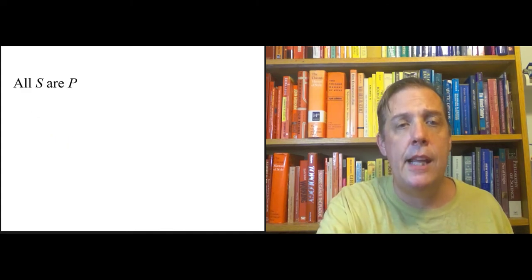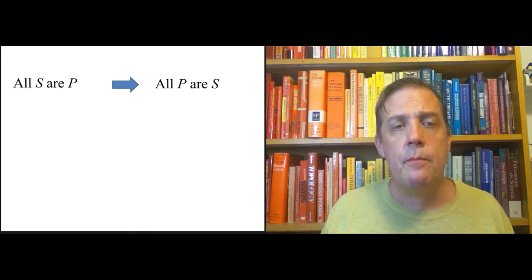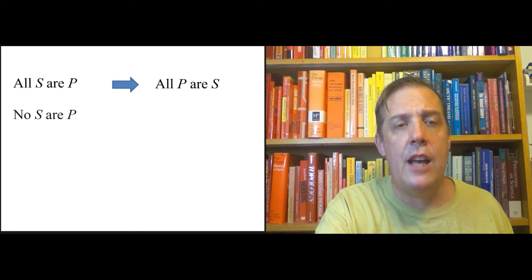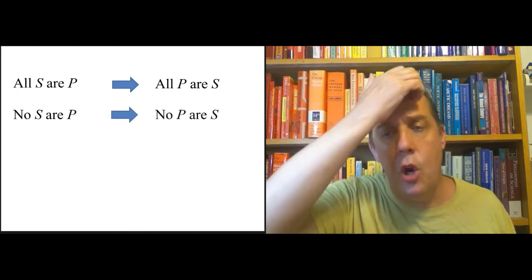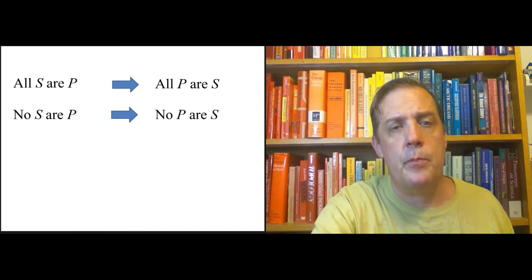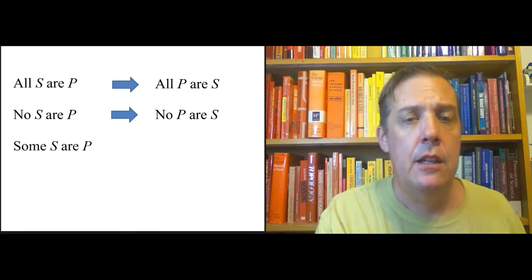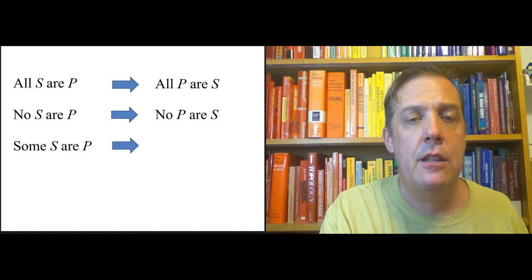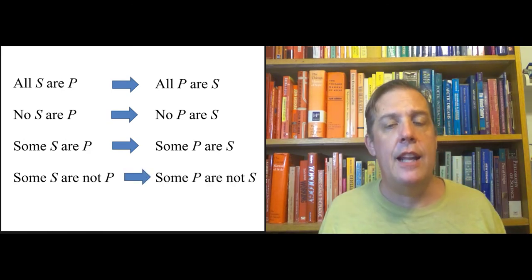All S are P becomes all P are S. If you had no S are P, that would become no P are S. If you had some S are P, that would be some P are S. If you had some S are not P, you have some P are not S.